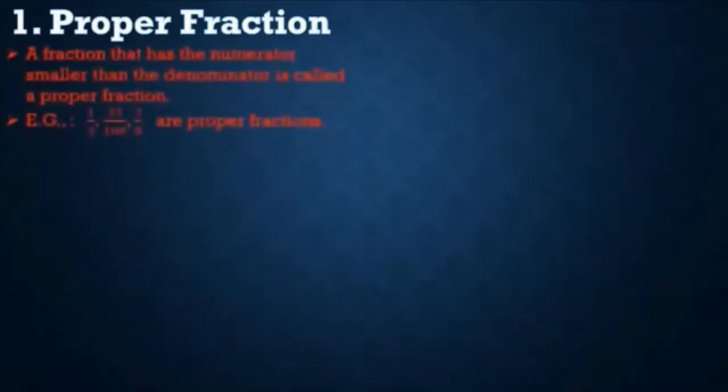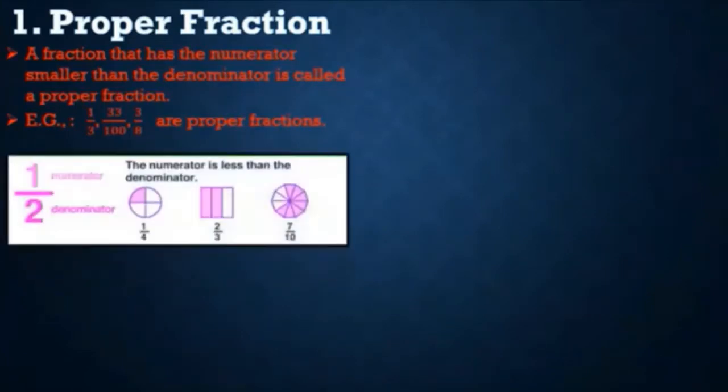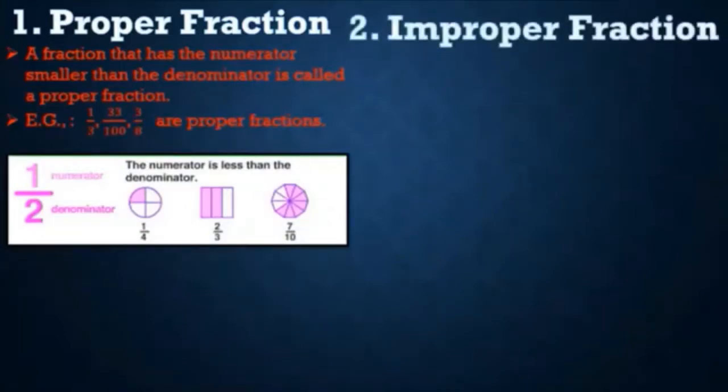A proper fraction is a fraction that has a numerator smaller than the denominator. For example, 1 by 3, 33 by 100, and 3 by 8 are proper fractions. 1 by 2 is also a proper fraction. A second one, improper fraction.